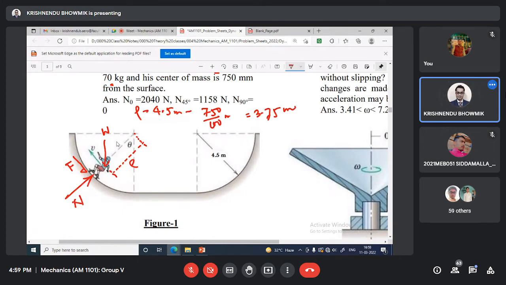If I consider this as the n normal direction, summation of Fn equal to 0 using the D'Alembert principle, I have to use the pseudo force concept also, and its acceleration is n.